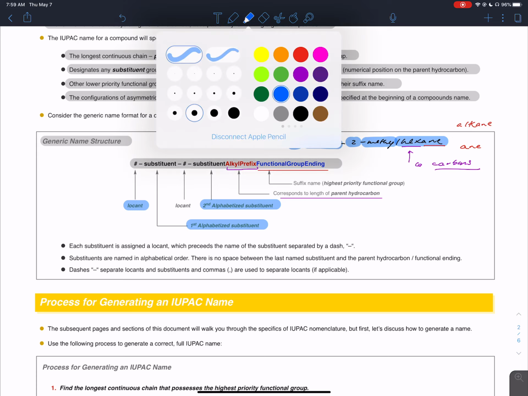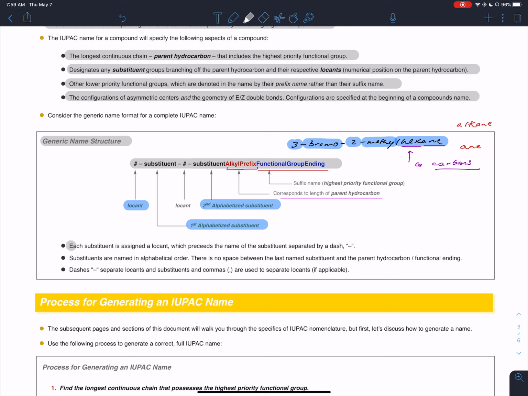And let's just clarify a couple more things here. Remember, each substituent is assigned a locant, which precedes the name of the substituent, separated by a dash. Substituents in the name have to be named in alphabetical order, and there is no space between the last named substituent and the parent hydrocarbon with its functional ending. And if we had multiple substituents, we would say all of their locants in a row, like 1,1-dimethyl.